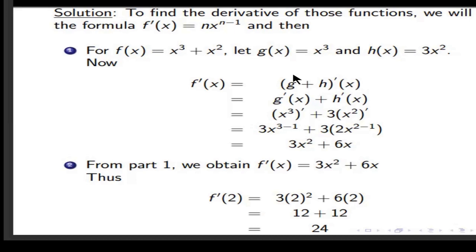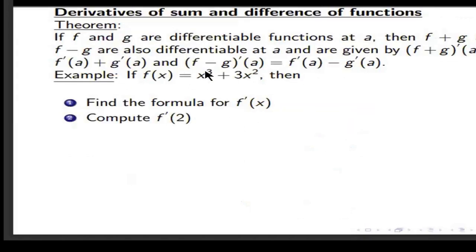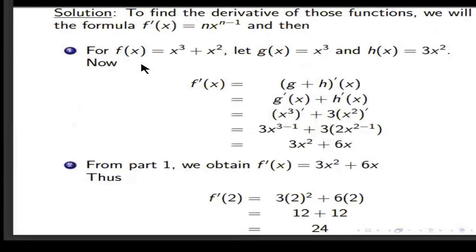In this theorem we said f plus g prime at a is equal to f prime at a plus g prime at a. So using the formula, we can differentiate separately: g prime at x plus h prime at x.